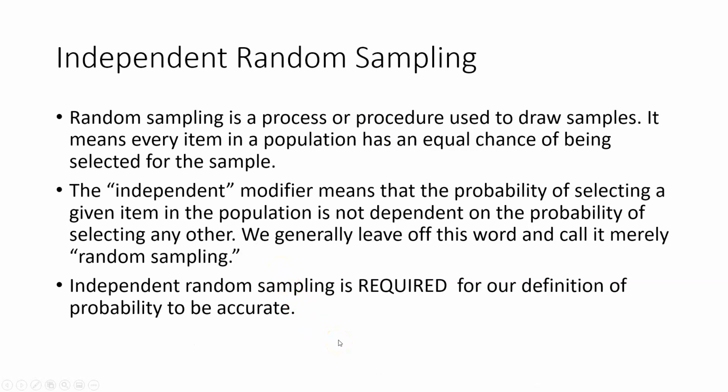Random sampling is a process or procedure that's used to draw samples. It means every item in a population has an equal chance of being selected for the sample. In the case of the jar with marbles, that would mean that every marble had an equal chance of being selected.